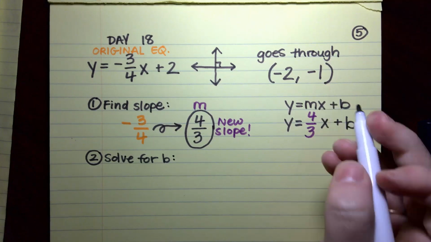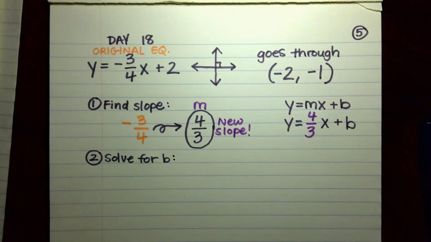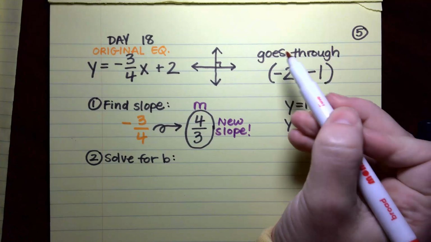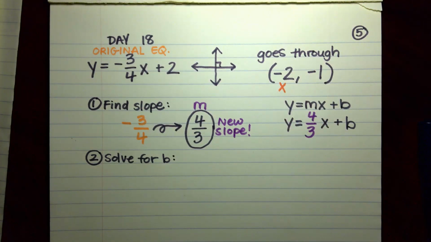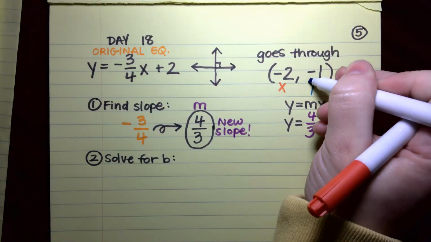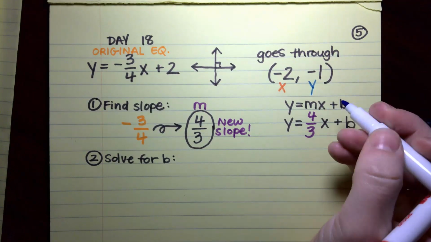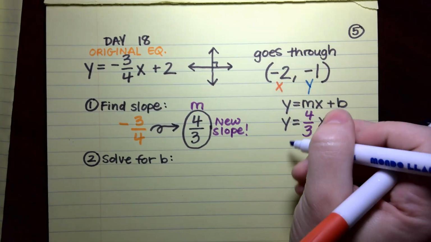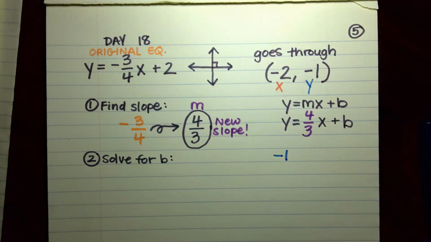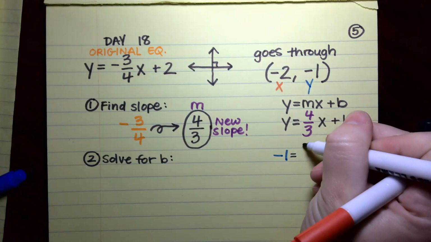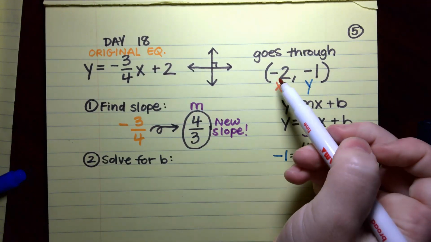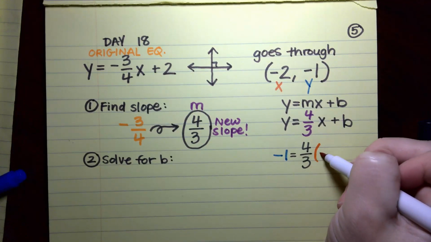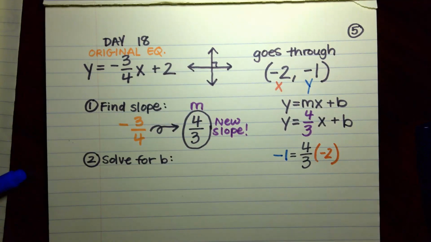So, let's label our x value and our y value. Which one is my x in this coordinate? Negative 2. And what's my y? Negative 1. So, we are going to plug in y, negative 1, equals 4 over 3 times negative 2 for x plus b.